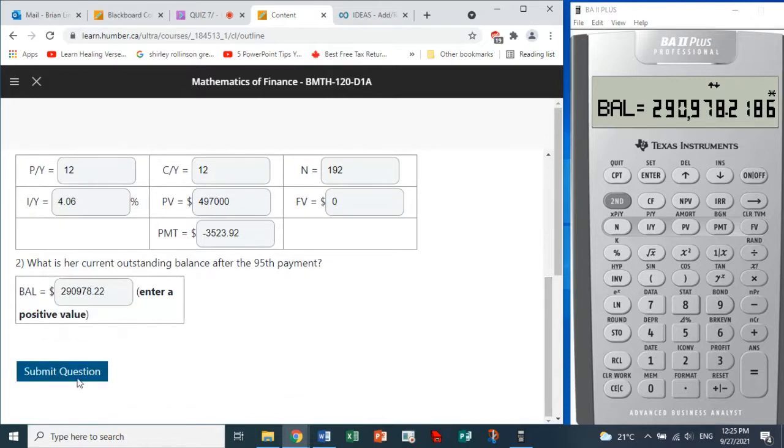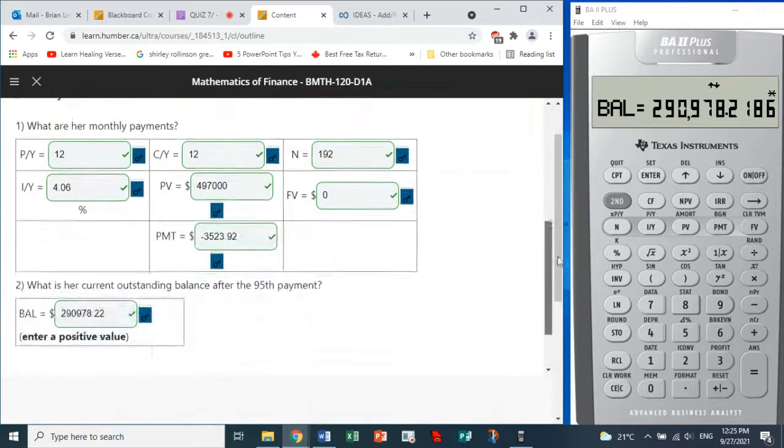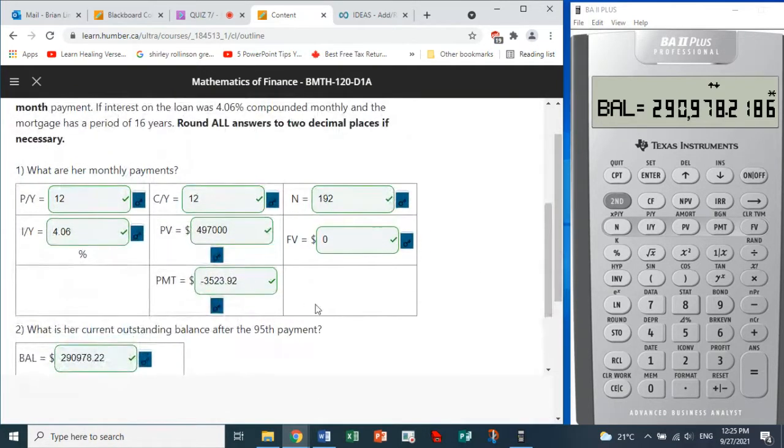Okay, so we submit our question, and we have the correct answer. Now remember, this payment, let's come out of here. We could have used the computed value, which wasn't rounded. Let's say we go back in now and do the 95th payment.